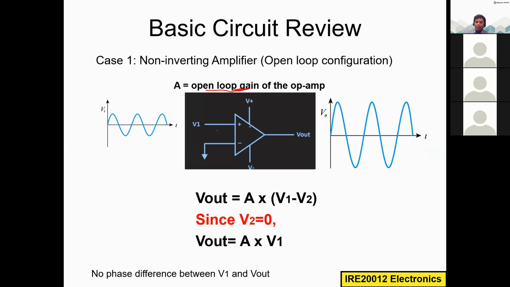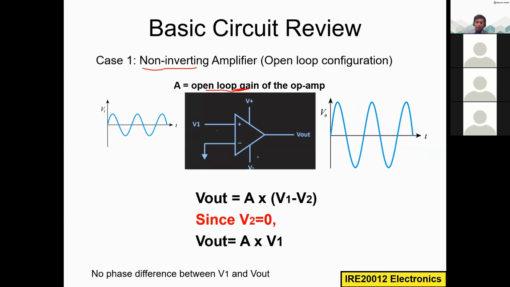In the open loop configuration, case one is the non-inverting amplifier. It means we are grounding the inverting input, and we are applying the input only to the non-inverting input terminal, that is the positive or plus terminal. So we are getting the output amplified, and at the same time there is no phase inversion.